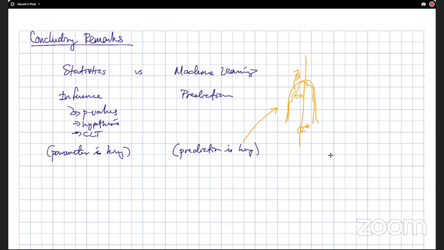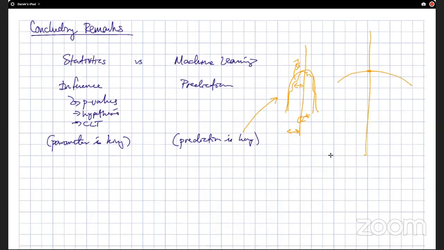On the other hand, in machine learning, what I like is the opposite type of likelihood. Suppose this is the actual best theta. If I have a flat likelihood, or a flat loss function, and my maximum moves around a little bit, it doesn't matter.